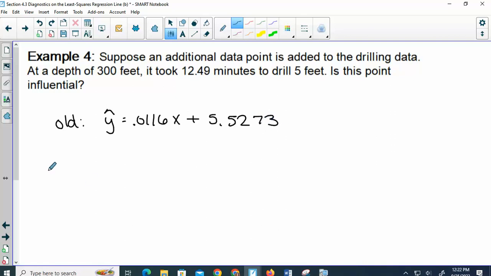Now I want to see what happens if I add in a new point. So I'm going to go to my table and add in one new point, 300 for my X, and my Y is 12.49.